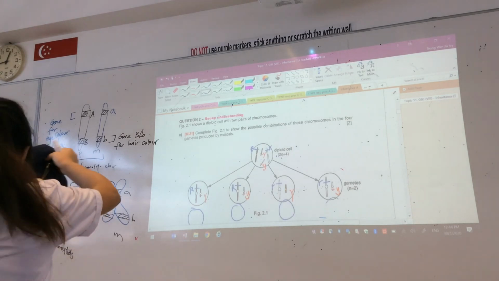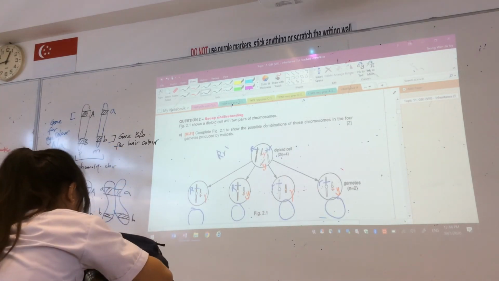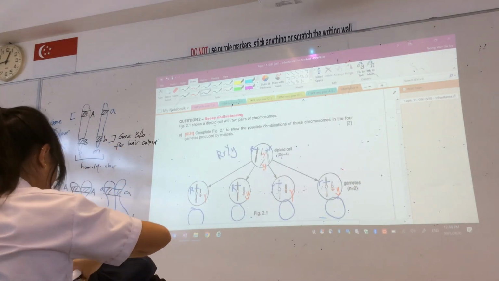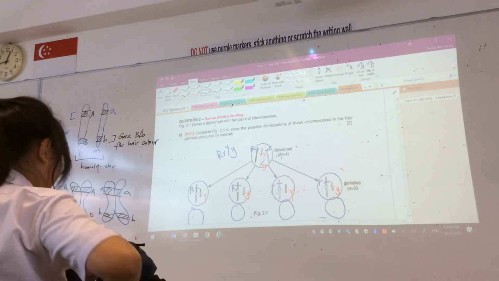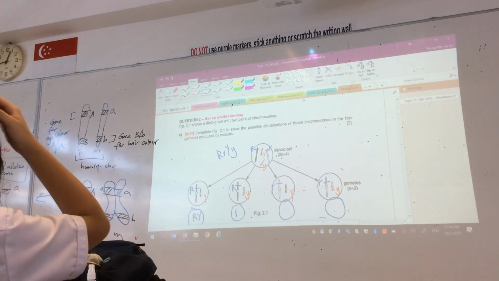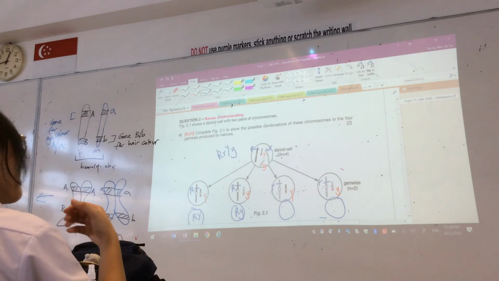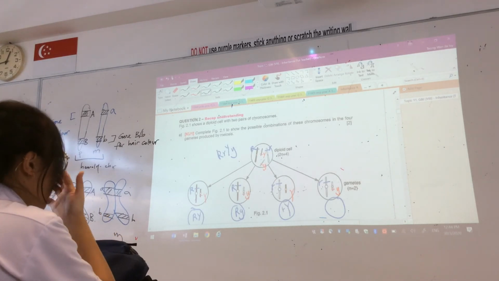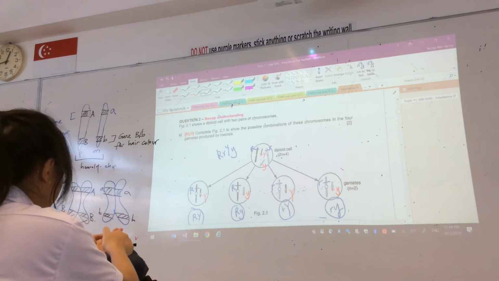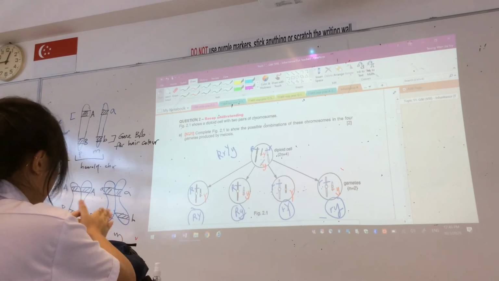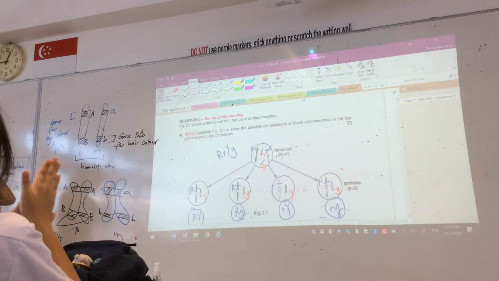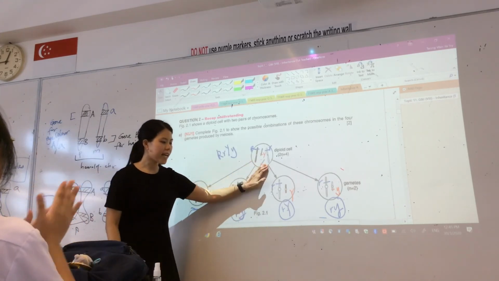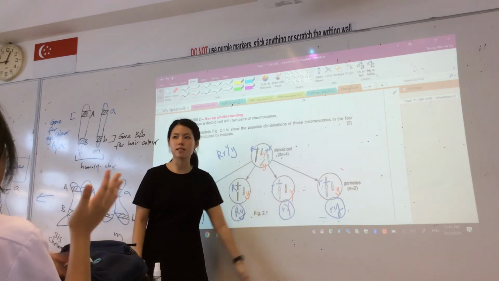Okay, now based on this, if you have a cell that is like this, undergoing meiosis, I'm going to get 4 possible gametes formed like this. Okay, so this is the reason why. Now how come I can get 4 different types of gametes?